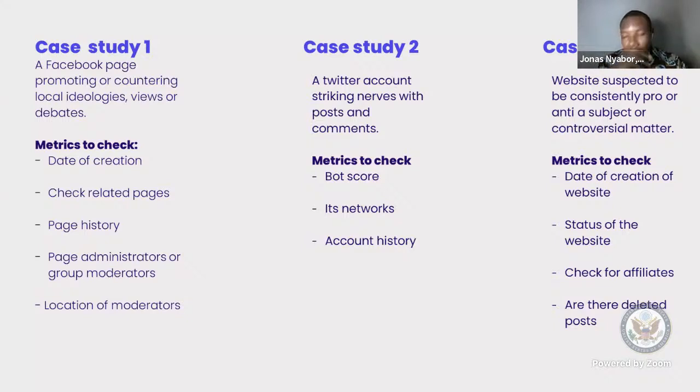When these things come to you, if I have a reasonable suspicion that a particular page looks suspicious in a way that is countering very local ideologies or views on a particular issue, some of the things that I would immediately want to check is the date the page was created, the details of other related pages, meaning which other page this primary page is related to, and then the history of the page.